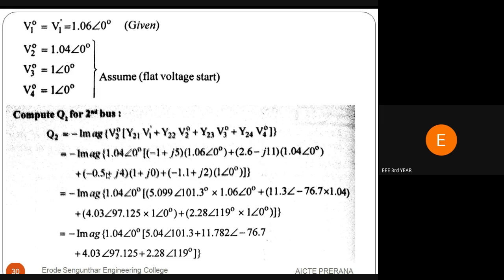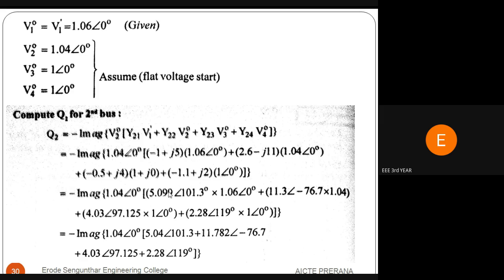Y23 is minus 0.5 plus J4, and V3 is taken as 1 plus J0. Y24 from the Y bus matrix is minus 1.1 plus J2, into V4 naught, which is 1 at an angle 0.